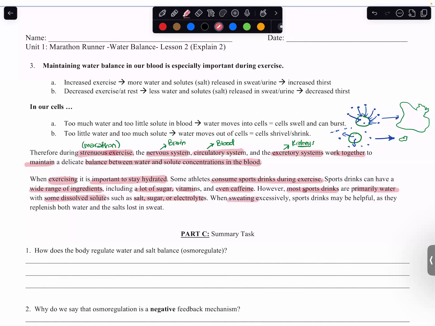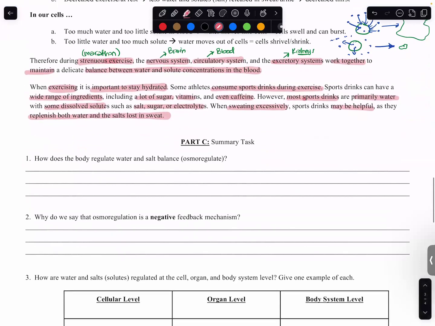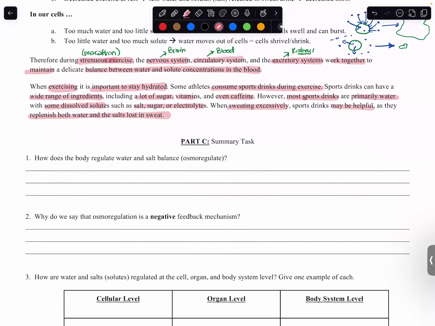When sweating excessively, sports drinks may be helpful, as they replenish both water and the salts lost in sweat, right? So things like Gatorade and Powerade are really great choices after you've done a strenuous workout to replenish not only the amount of water in your blood, but also the amount of salts and electrolytes inside of your body as well.